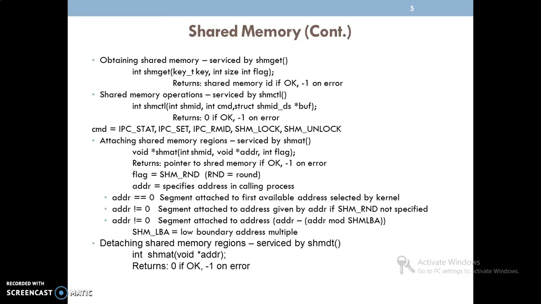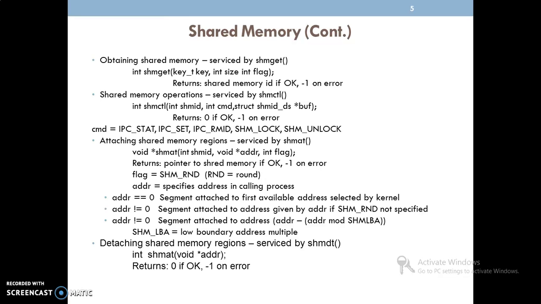If this value is 0, the segment is attached to the first available address selected by the kernel, meaning the particular segment that we attached is at the first available address here. Then if address is not equal to 0, the segment is attached to the address given by the address if semaphore round is not specified.